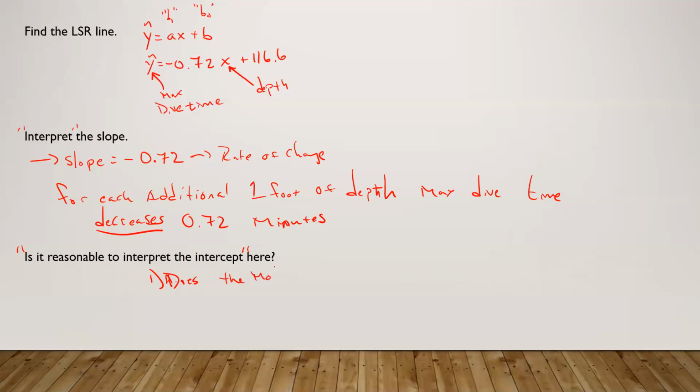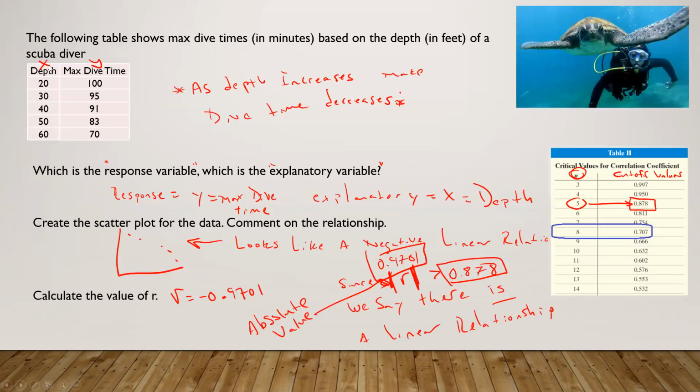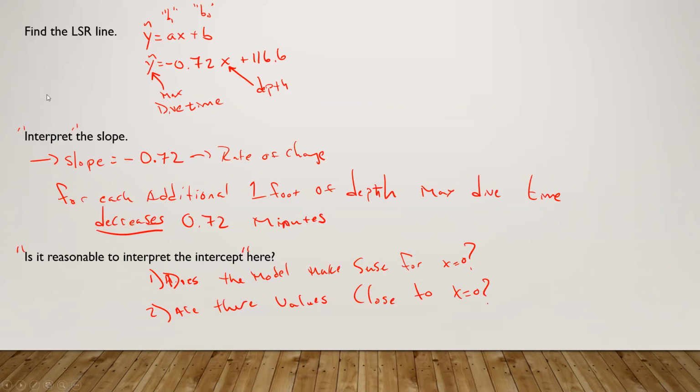Does the model make sense for x equal to 0, and are there values close to x equal to 0? So if you look back at our data for x, are there any numbers that are close to 0? Yeah, no, absolutely not. So there's none here.